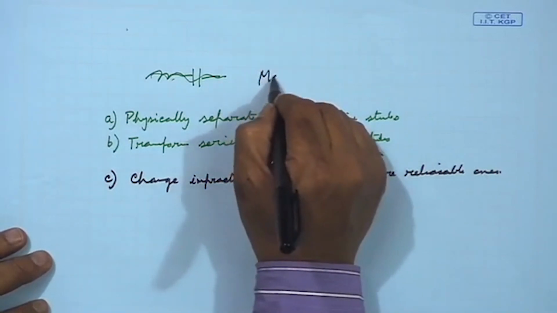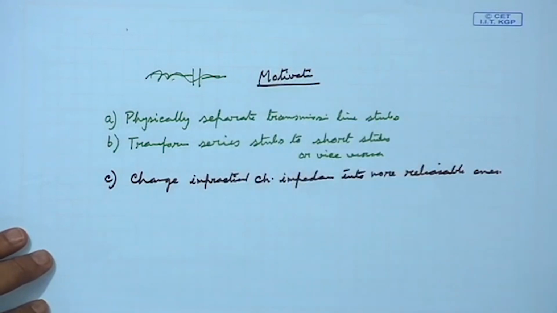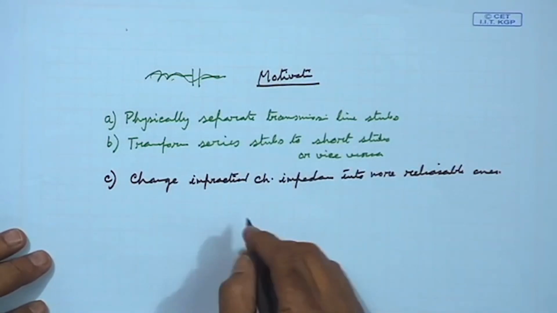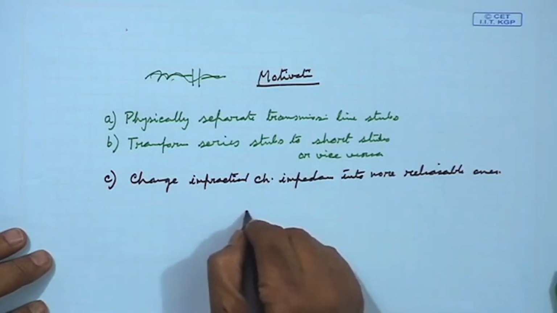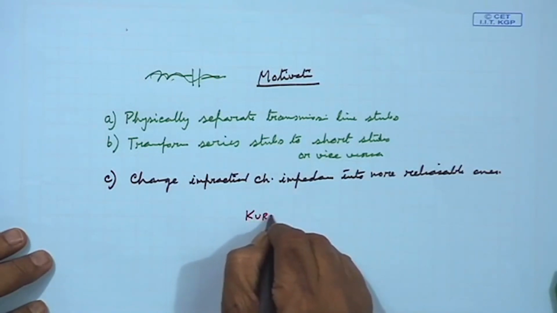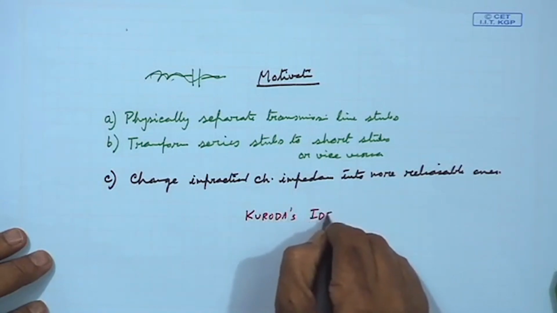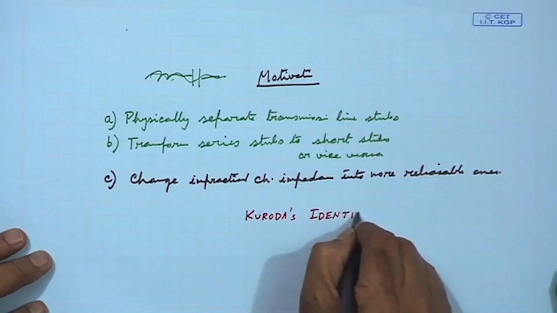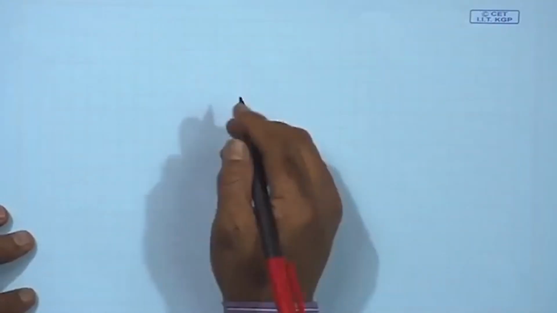So, motivation for using another technique which is called Kuroda's identity. Now, Kuroda, he gave these things.